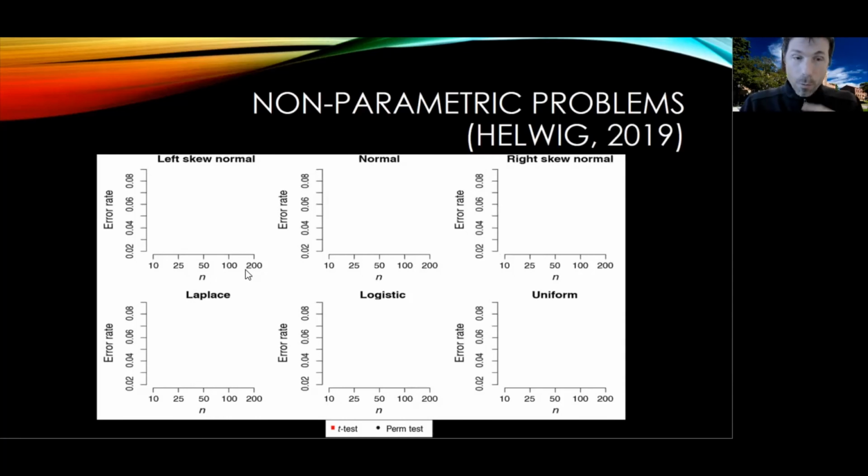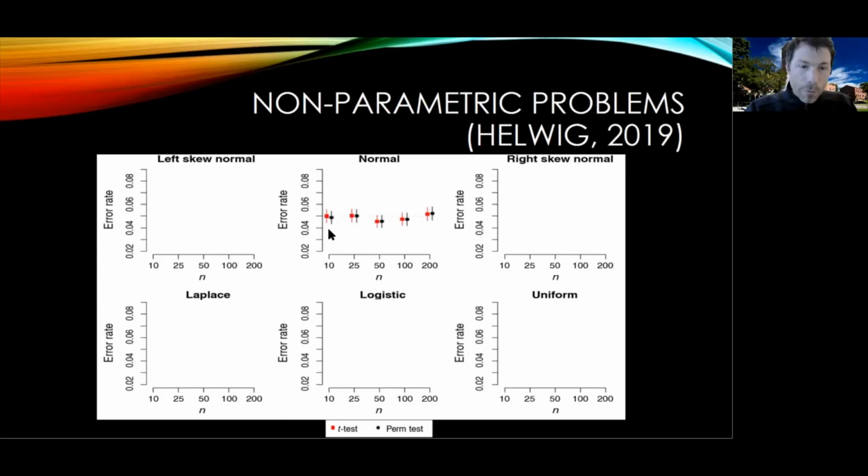And sure enough, when the statistic that you're resampling comes from a normal distribution, and this I think is a regular one sample t-test, you get the appropriate 0.05 error rate.